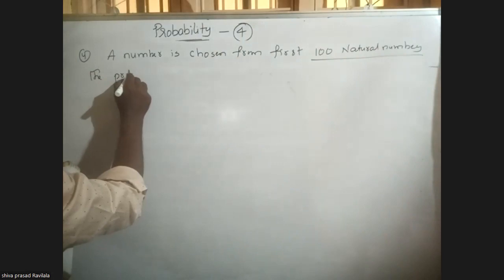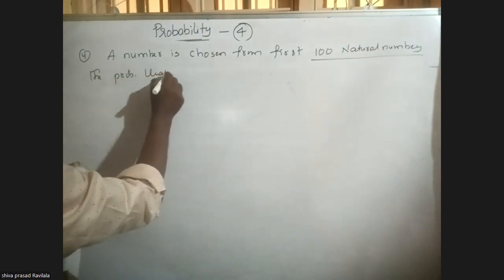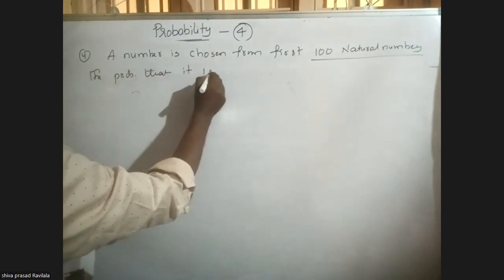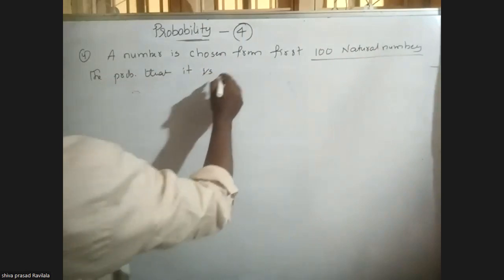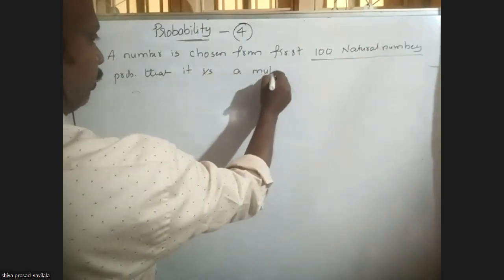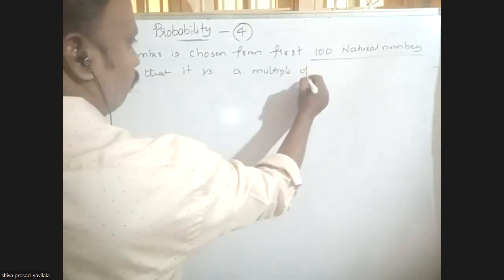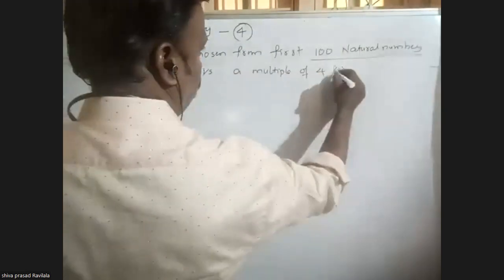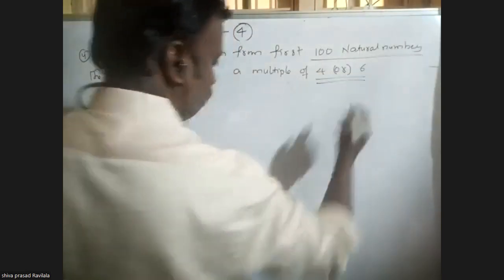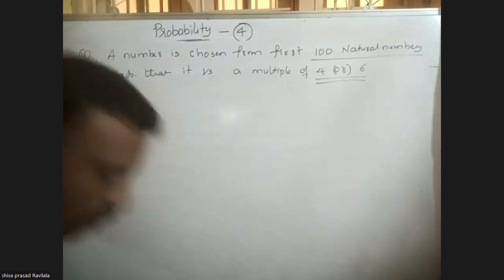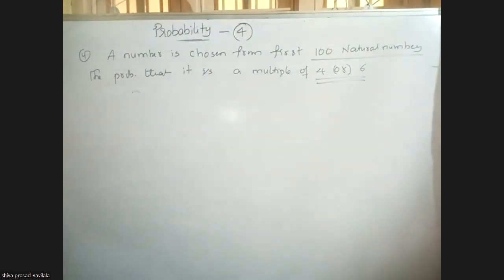The probability that it is a multiple of 4 or 6. A number is chosen from the first 100 natural numbers, 1 to 100. The probability that it is a multiple of 4 or 6.